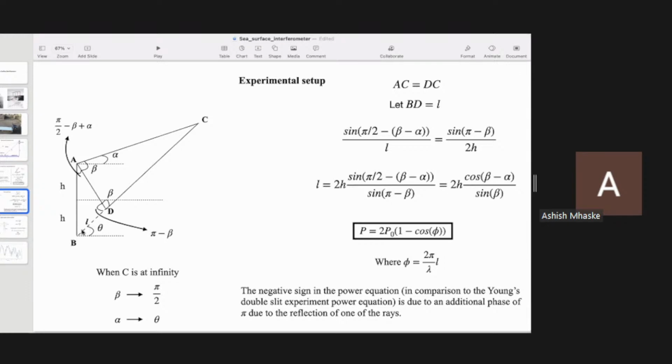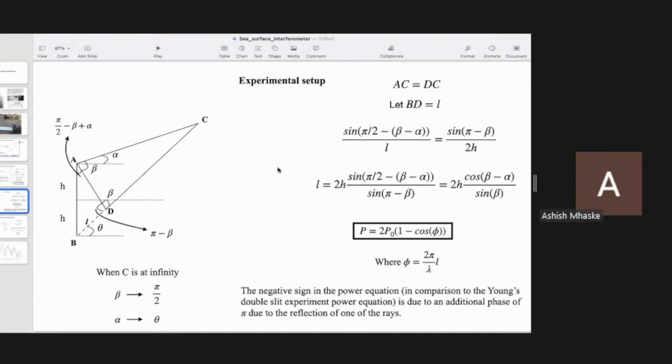We are only interested in the extra path that this second ray travels. So we construct an isosceles triangle and do the same exercise to find the extra path traveled by this second ray. And we find that the extra path is given by this equation. This is straightforward geometry.